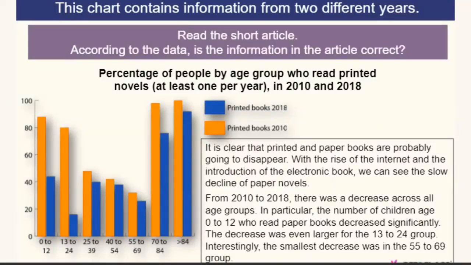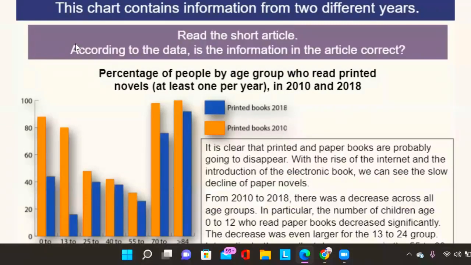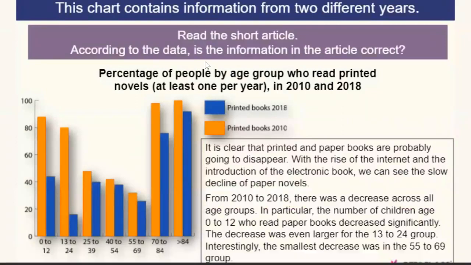So let's check here what we've got, which is this article example. Here it says, read the short article. According to the data, is the information in the article correct? So you need to look at the data in front of you, and then make sure that the writer described the data correctly.